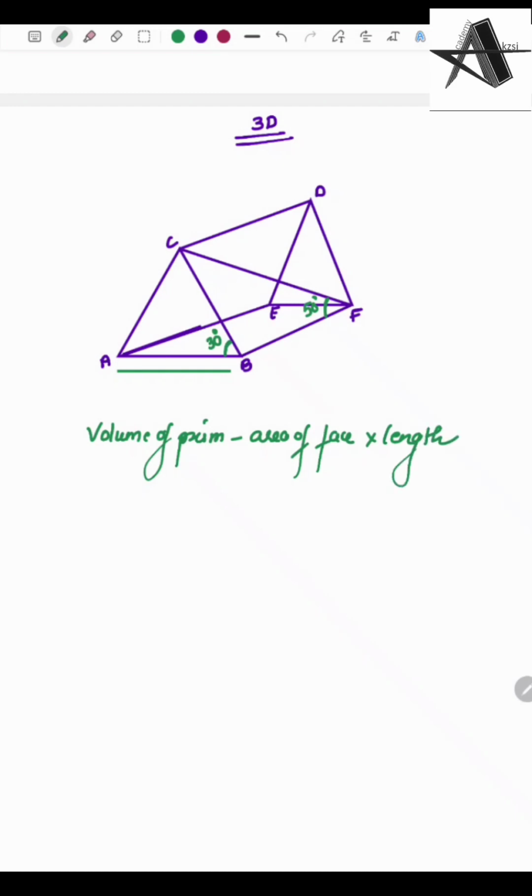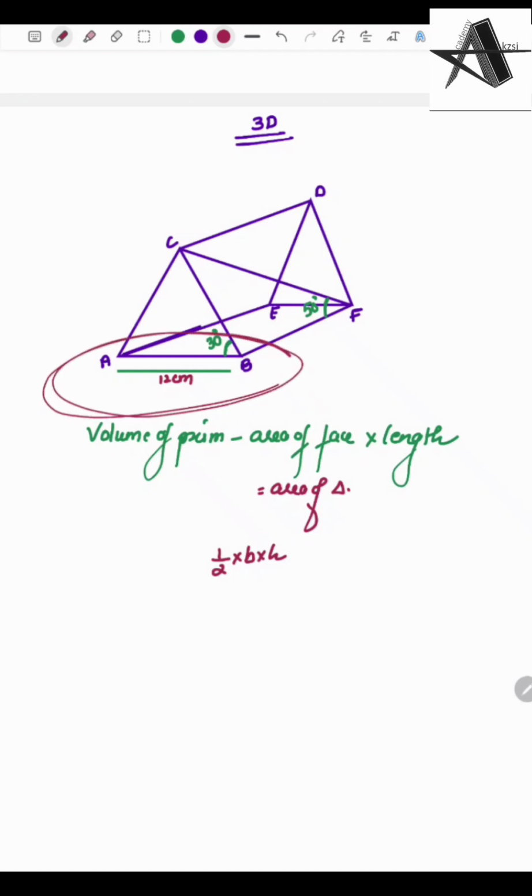Area of face, that means this is our face. So we have to calculate the area of the triangle. So look at this triangle. We know the area of a triangle is half times base times height. Base is given here as 12 centimeters. So if this base is 12 centimeters, we can calculate its height.